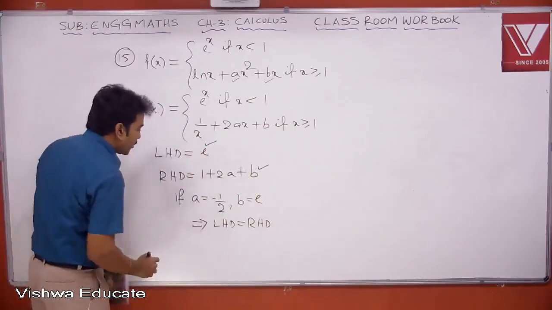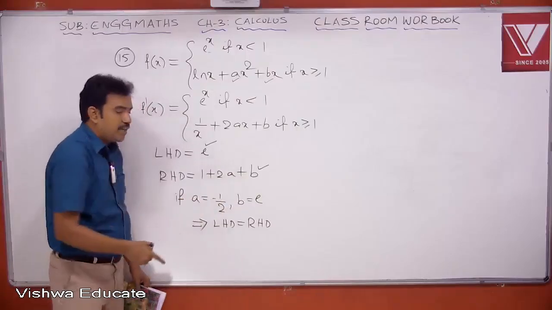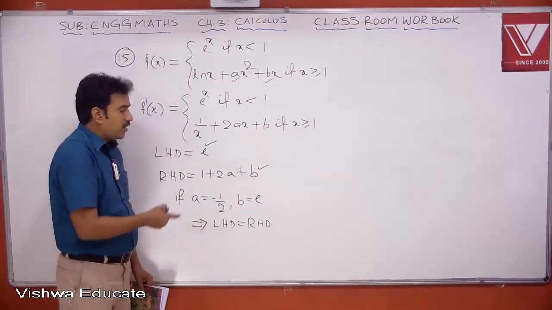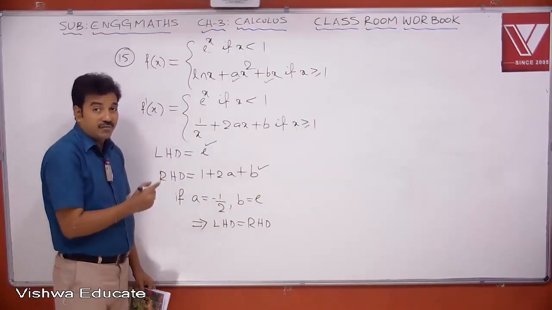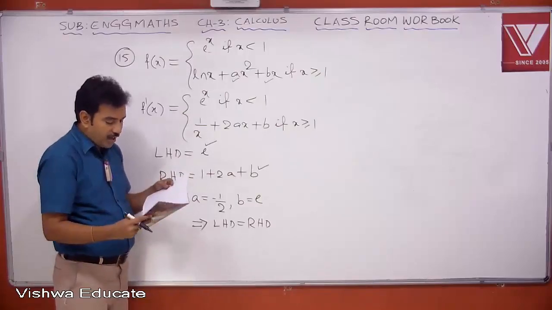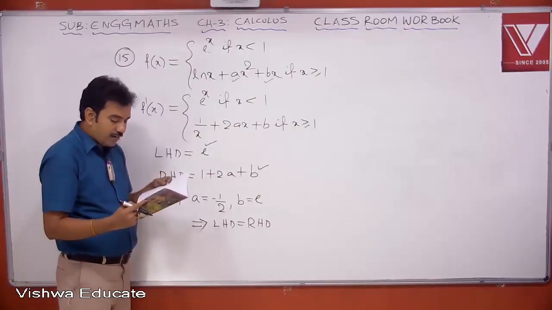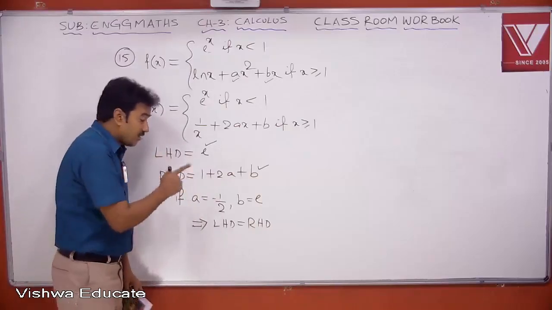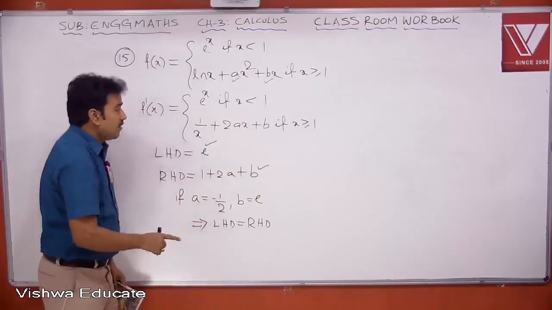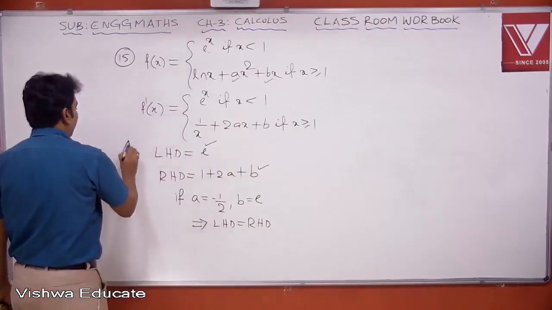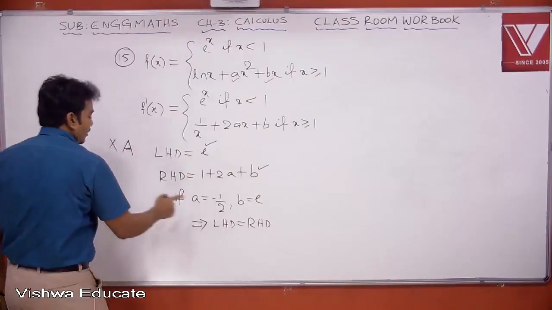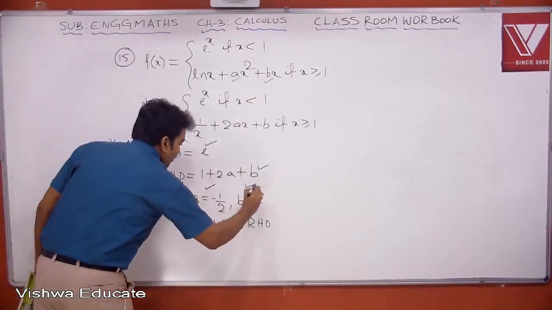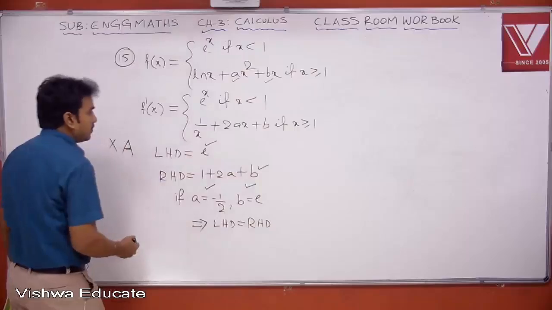So in this combination, if a is minus 1 by 2 and b equal to e, LHD must be equal to RHD. In that case, it is differentiable. But in option A, it is given as not differentiable for any values of a and b, but this contradicts this particular statement. Therefore, option A is the wrong option, because for this combination LHD and RHD are the same.